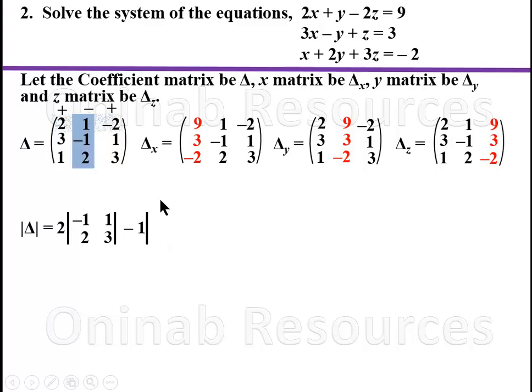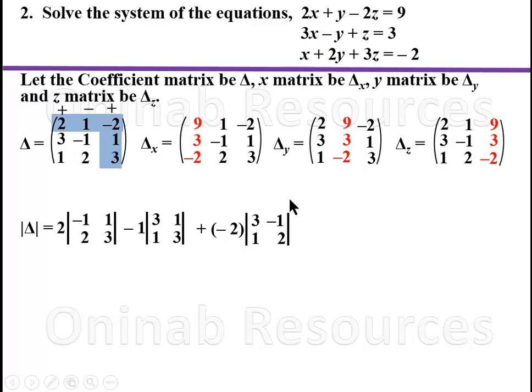Delete the column, delete the row. 3, 1, 1, 3. Then we go to the third column, that is positive and negative 2 plus negative 2. So we delete the column, delete the row. We are left with 3, negative 1, 1, and 2.